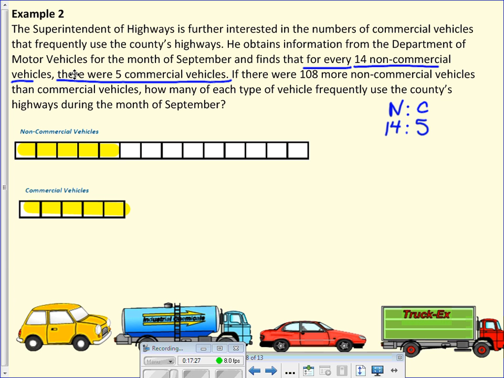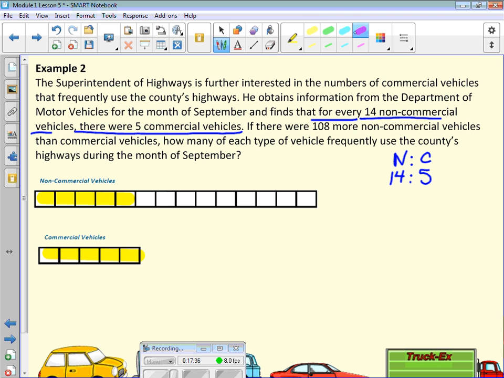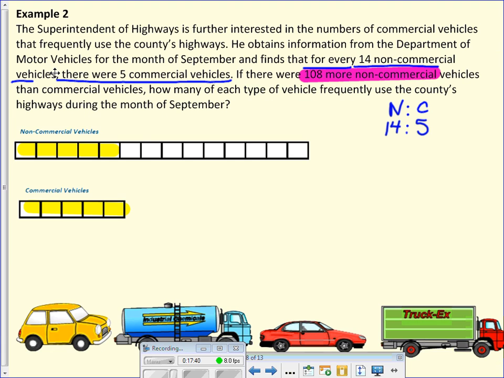So let's continue. What piece of information comes next? If there were 108 more non-commercial vehicles. All right. Don't write this part down. You're going to help me out. 108. Does that represent the commercial vehicles? No. Does the 108 represent the total non-commercial vehicles?